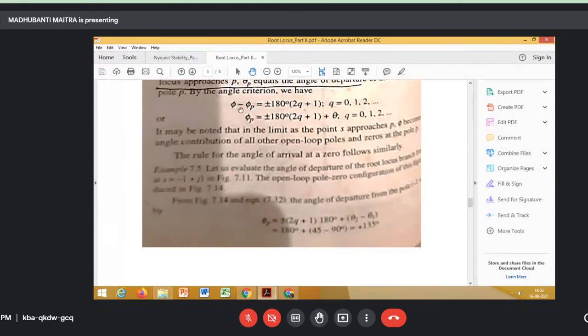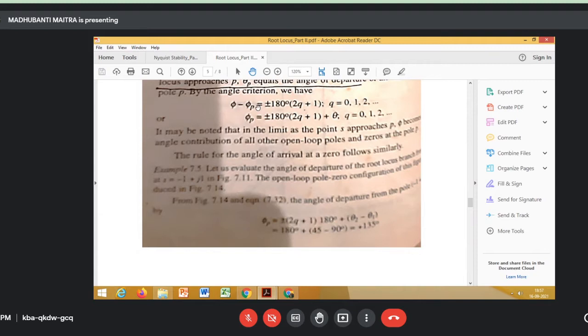Do you agree? Since it's a pole, its angle contribution will be negative. So the angle at that particular point will be phi minus phi p. And since the point is a one-on-locus point, that means the point lies on the root locus, hence the angle criterion will be satisfied at that particular point.